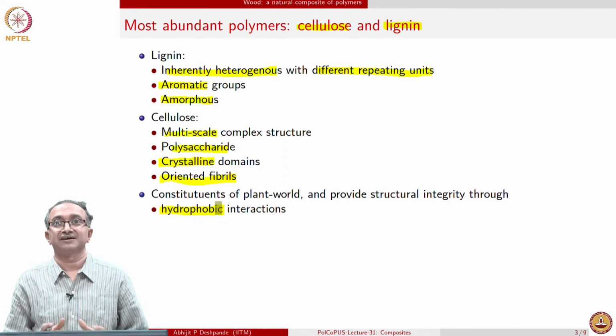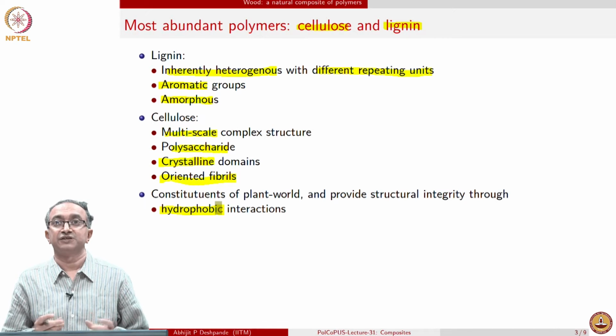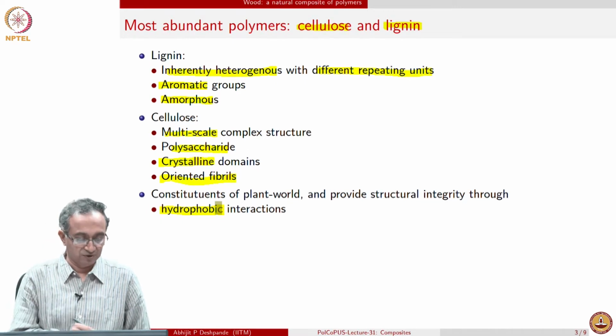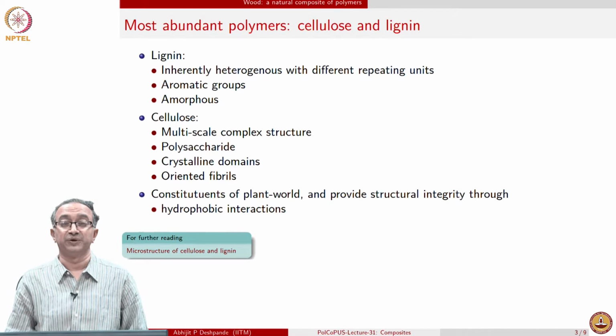So you can see that in this natural composite there is a whole lot of interplay between macromolecular structure, macromolecular interactions within the reinforcement, macromolecular interactions within the matrix, and then finally the interactions between the matrix and the reinforcing cellulose. All of these determine the overall properties of wood as we know it.